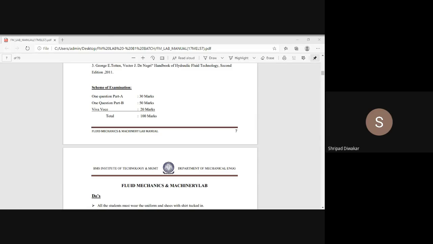So actually, in our lab, we are having orifice meter, venturimeter, and nozzle in the combined setup. Suppose you are going to perform orifice meter, you have to switch on and you have to keep open the valve only for orifice meter. Remaining things you have to close. Like that, suppose you are going to perform experiment on venturimeter, so you have to open the valve for venturimeter and remaining thing you have to close.